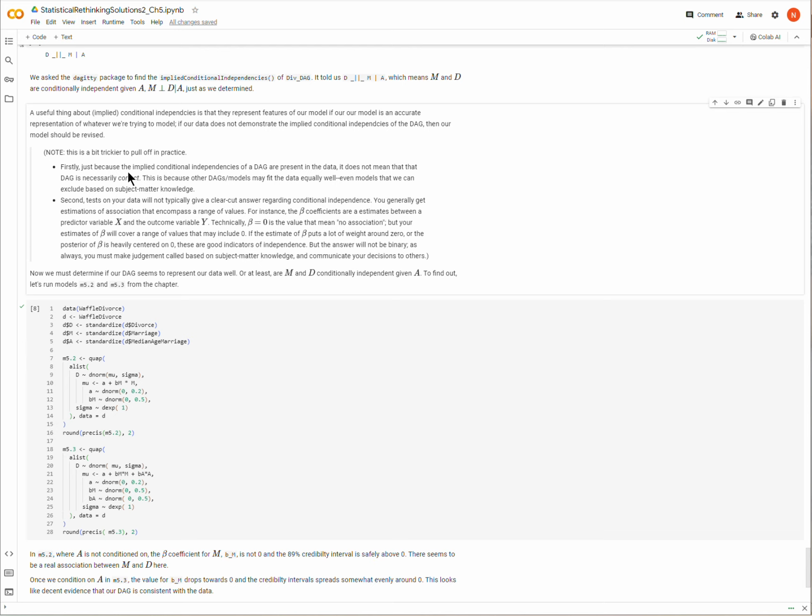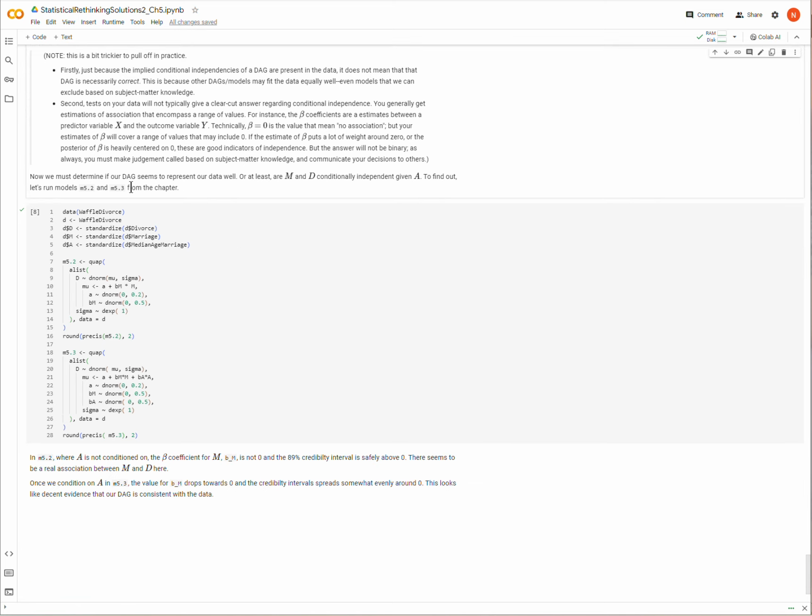Again, the way that we arrive at our particular DAG is based on information that is outside of the data: subject matter knowledge, expertise, hypotheses, or whatever. But the DAG itself is not present in the data. We impose that, and we can be wrong, so we can propose a DAG that is not a good model, and yet its implied conditional independencies are found in the data. So it's all very treacherous.